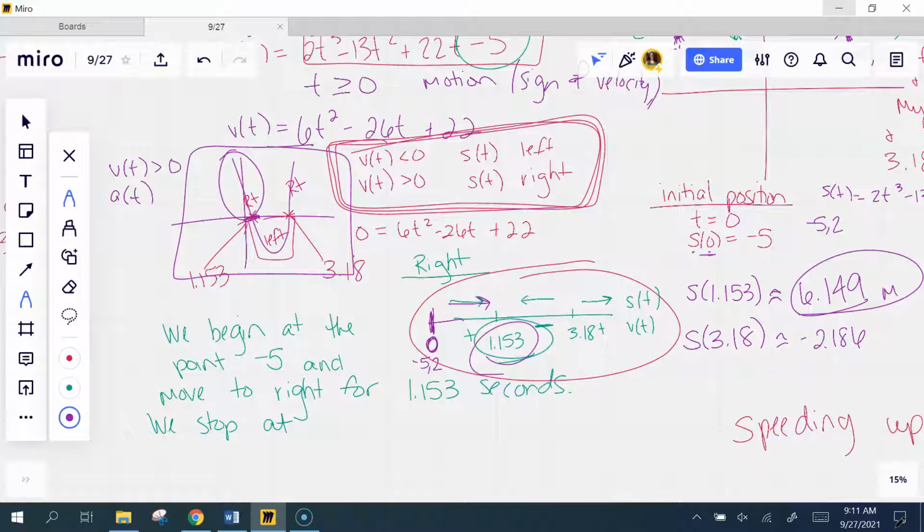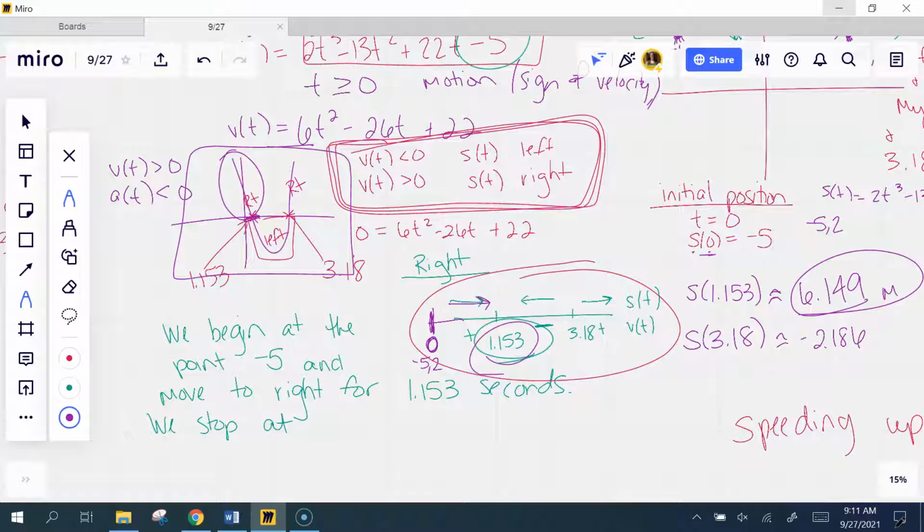Positive or negative? Positive, why? I just want to say that because the acceleration is actually negative there. Acceleration would be the slope of the velocity.